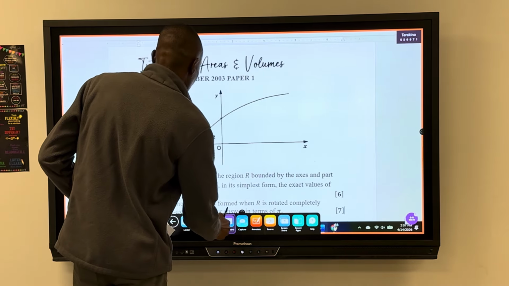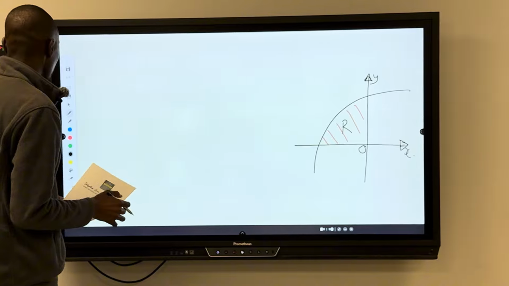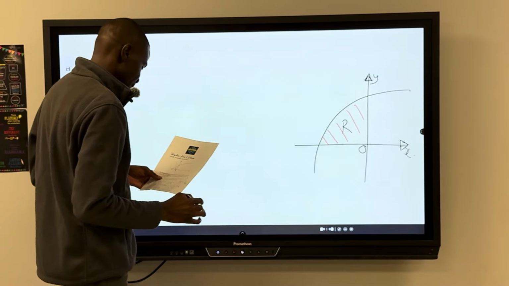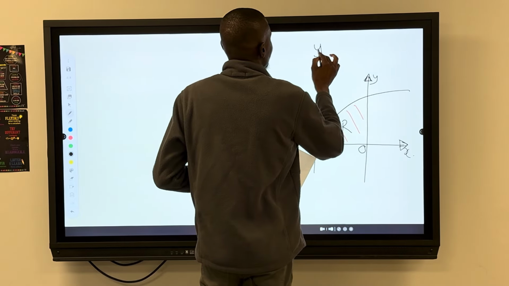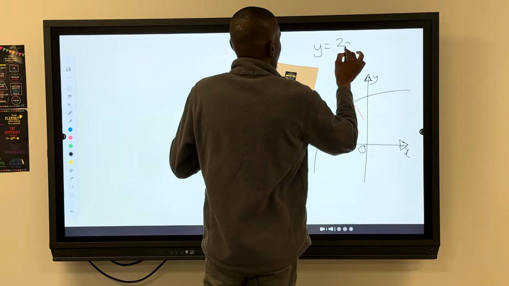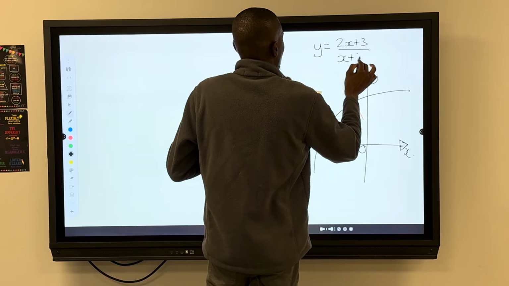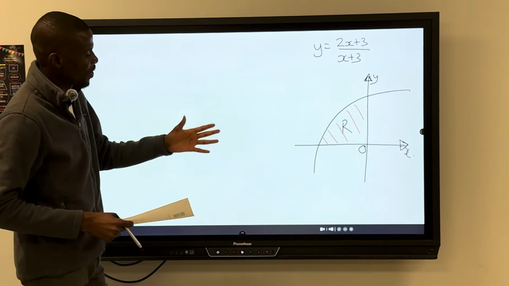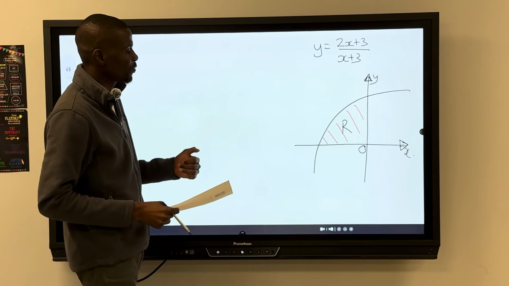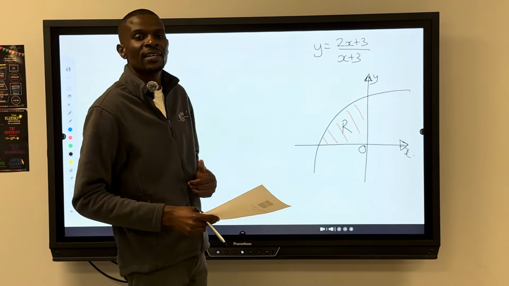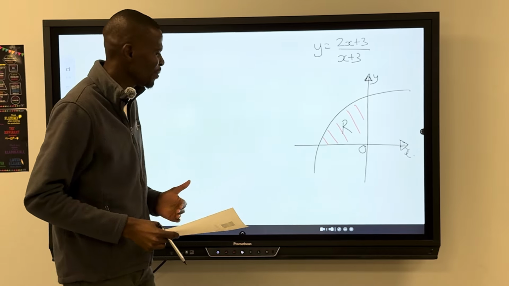Right, so I already have the diagram up there. So what I need is the equation. Right, so guys, remember, in order for us to find the area, we need two limits, the upper and the lower limit.